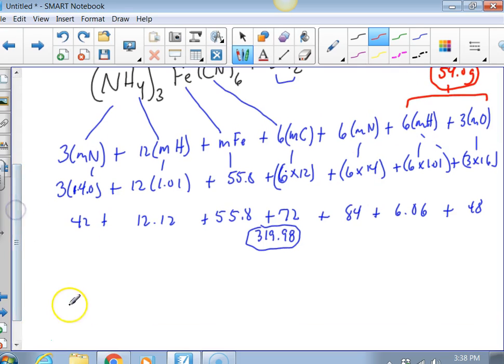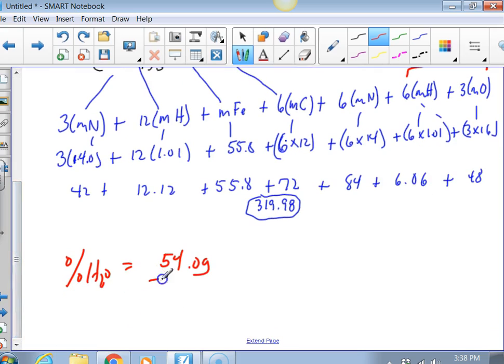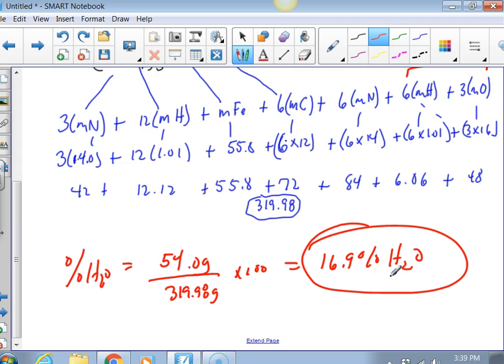So our percentage water in this compound is going to be equal to the mass of water, 54 grams, divided by the mass of the entire thing, which is 319.98 grams, times 100. 54 divided by 319.98 comes to 16.9% water. And that concludes this answer key for the homework.